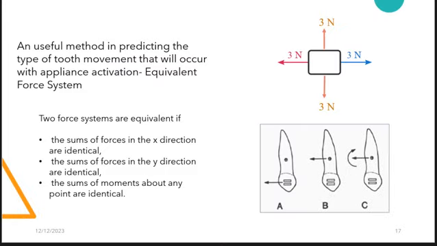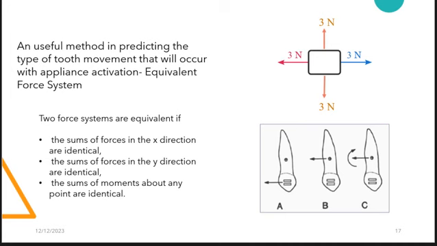Coming on to equivalent force systems. An equivalent force system is one in which we apply force to the teeth or any system, and it is a simple force system in which the forces can be reduced and still produce the same external effect on the body.